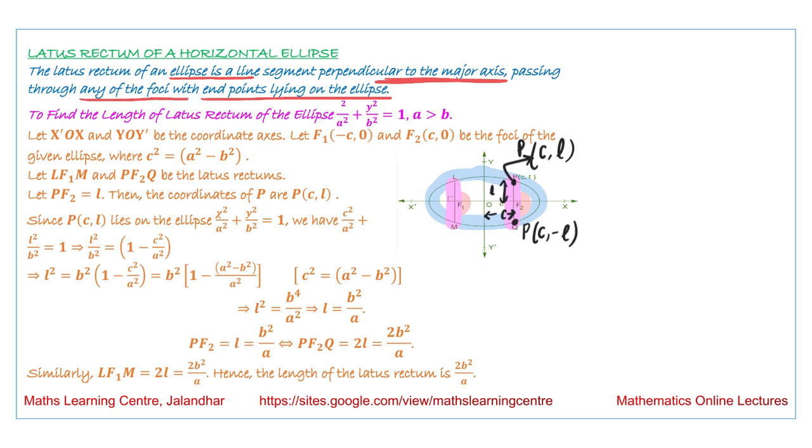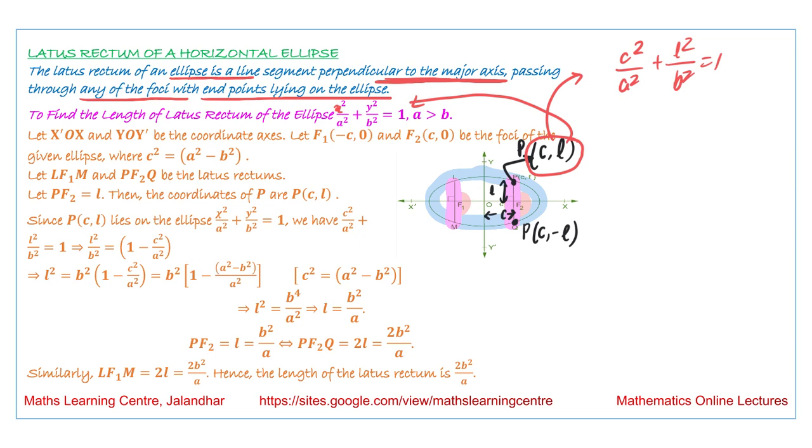Now this point P lies on the ellipse with the equation x square over a square plus y square over b square is equal to 1. It means it will satisfy this condition. So what we get is c square over a square plus L square over b square is equal to 1.